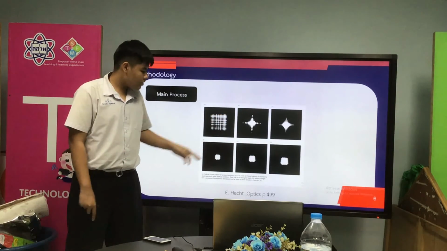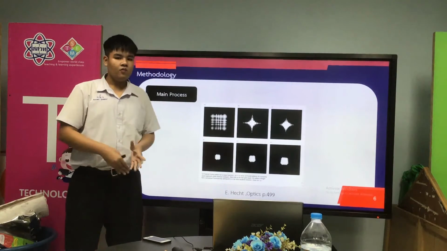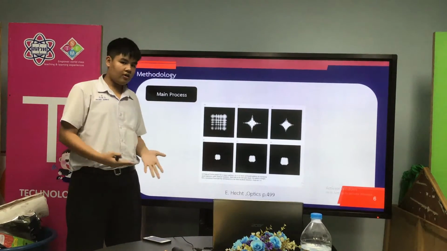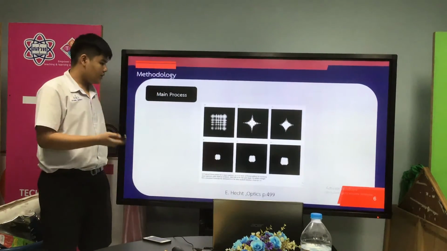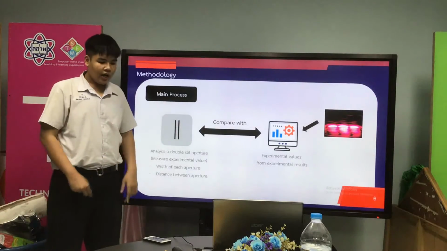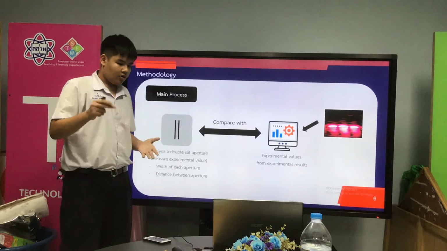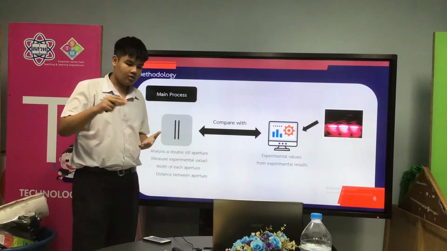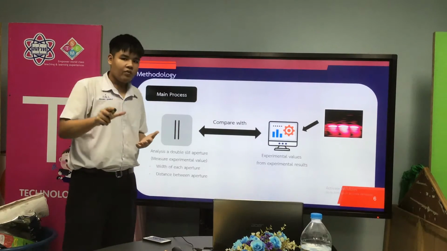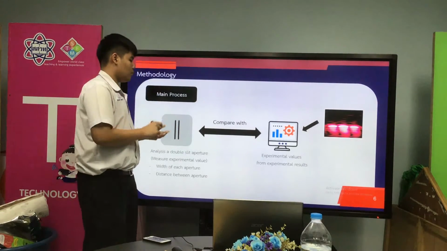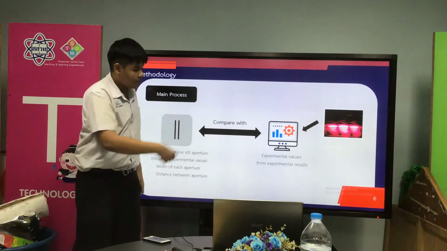In the other picture, the same aperture gives a different form: the Fraunhofer pattern is different from the Fresnel pattern that I use from the reference. In our work, I will do the reverse of this. Normally we predict the result from the aperture, but here I will predict the aperture from the result, the picture on the left side.